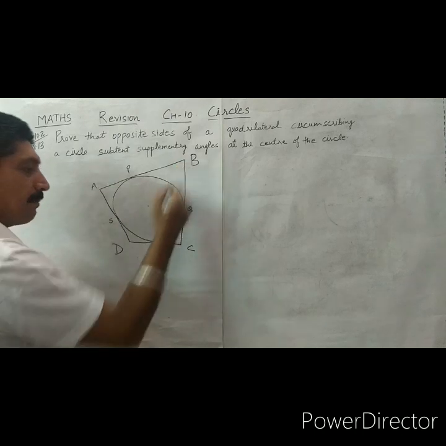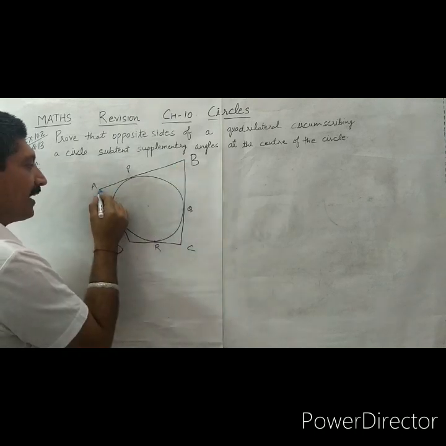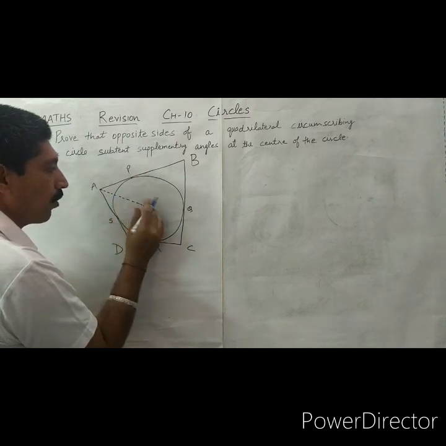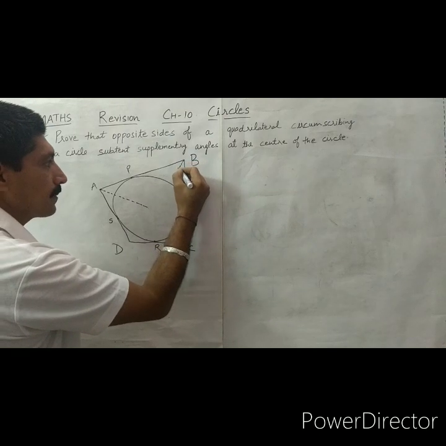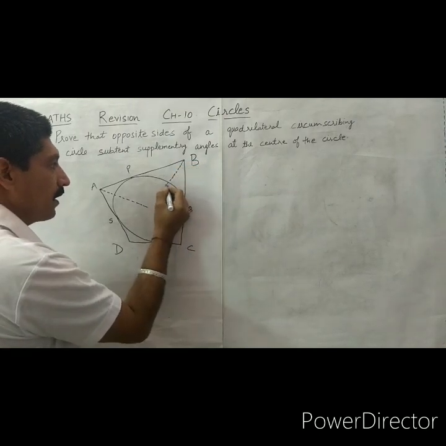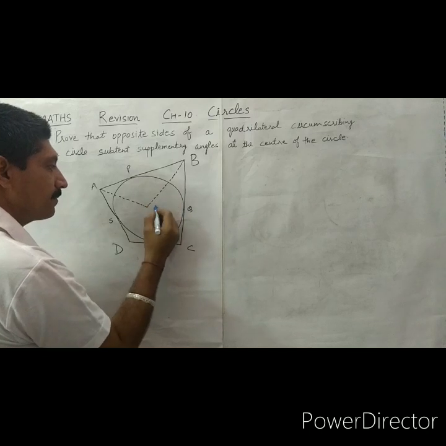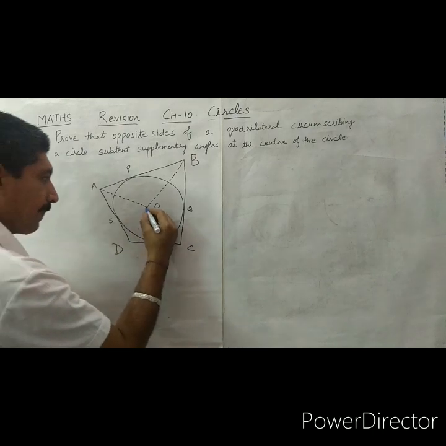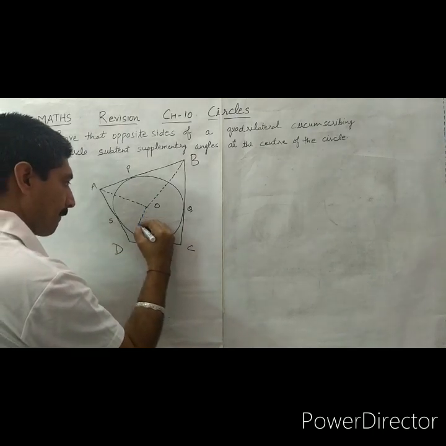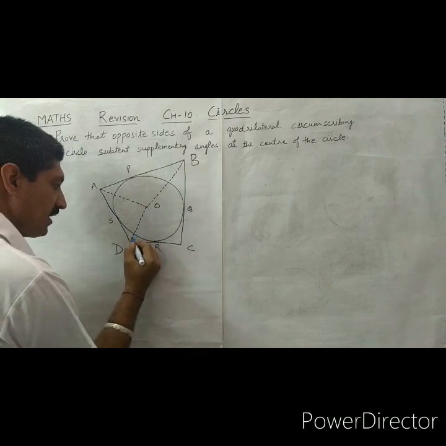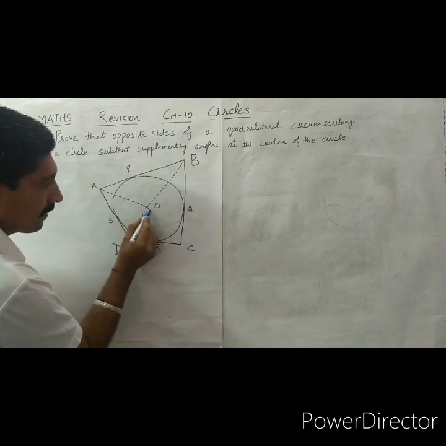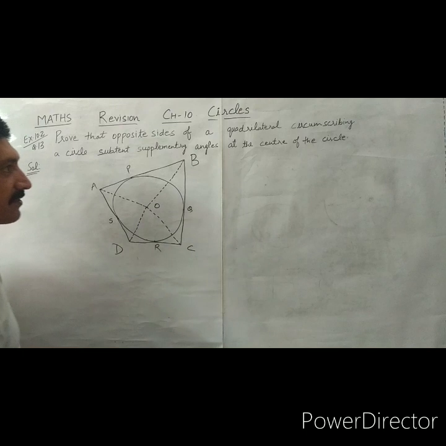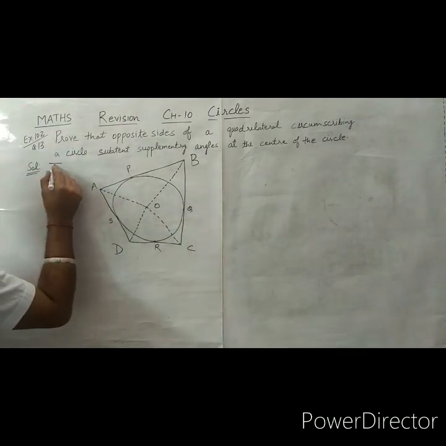So if I am taking AB and DC, then we want to prove that this angle AOB, O is the center, this angle plus angle DOC is always 180 degrees, supplementary.